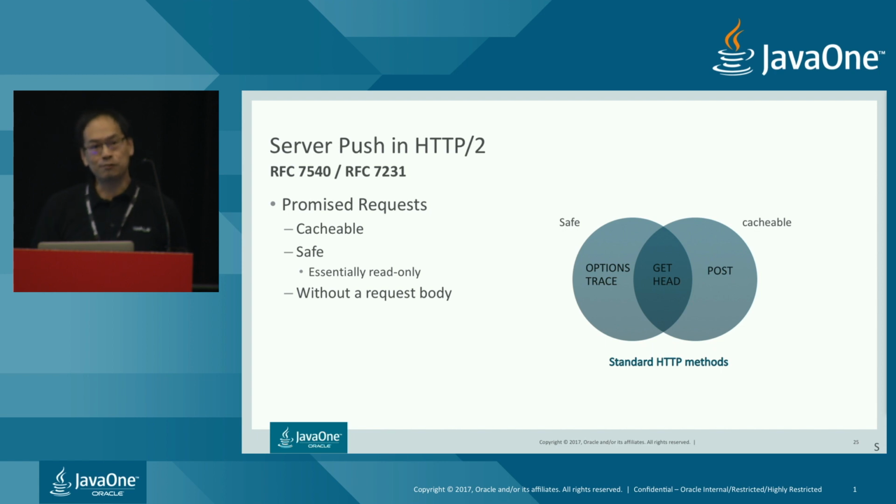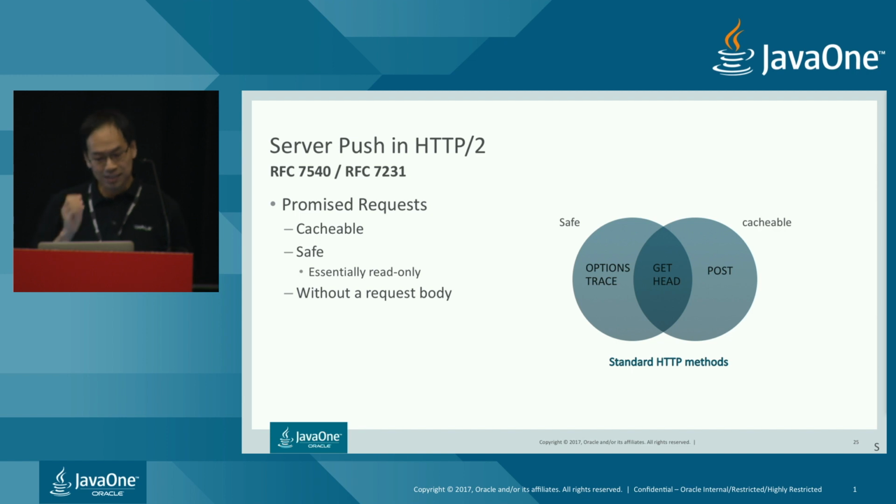Of course, if you have a custom HTTP method, which is supported in the servlet, like you can define a method called foo, and as long as it satisfies the criteria of cacheable, safe, and without a request body, then you can still use the push method.